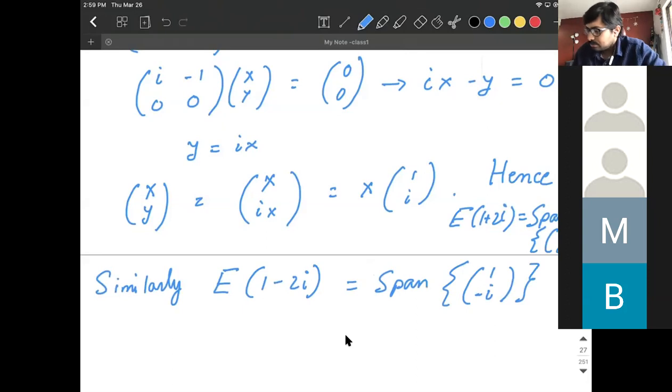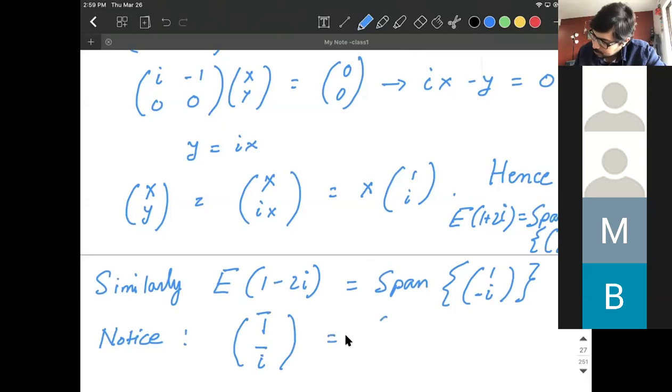Now here also notice the following, which is important. If you take the complex conjugate of (1, i), the first eigenvector, this is exactly (1, -i).